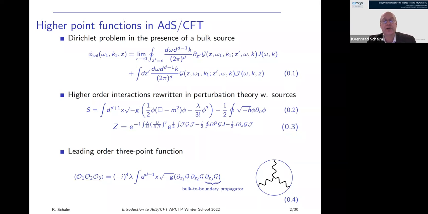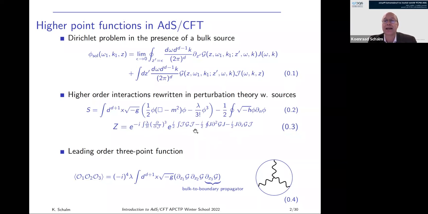Now you just apply the functional derivative trick as you do in ordinary perturbation theory in quantum field theory. What you will see is that for the 3-point function, the leading order term comes precisely when you take one vertex, and then you need to pull down 3 curly J's, in other words, 3 bulk sources.